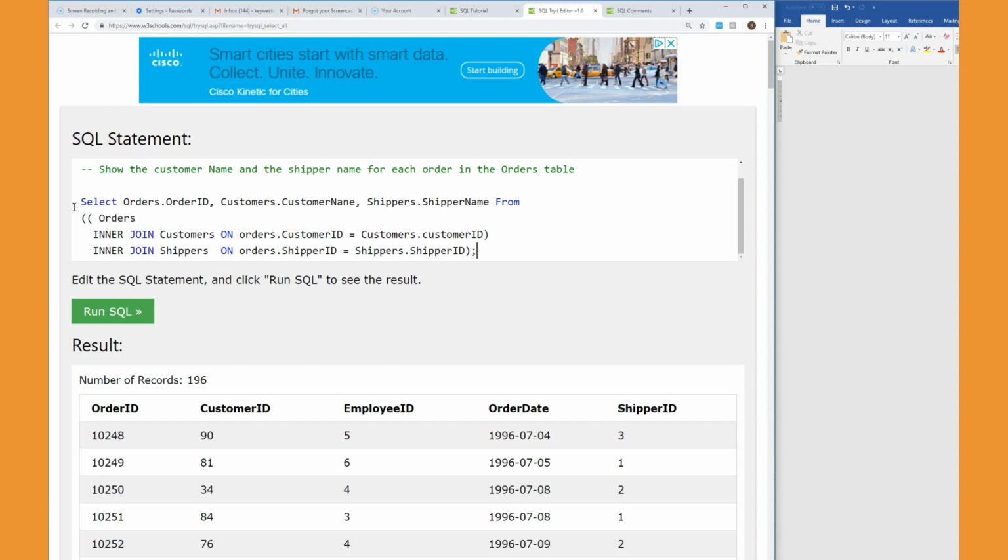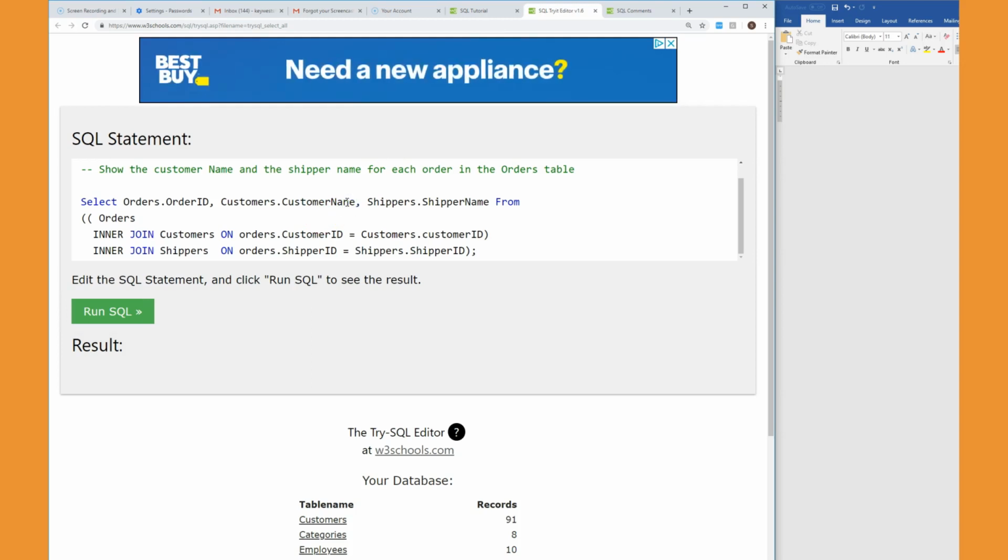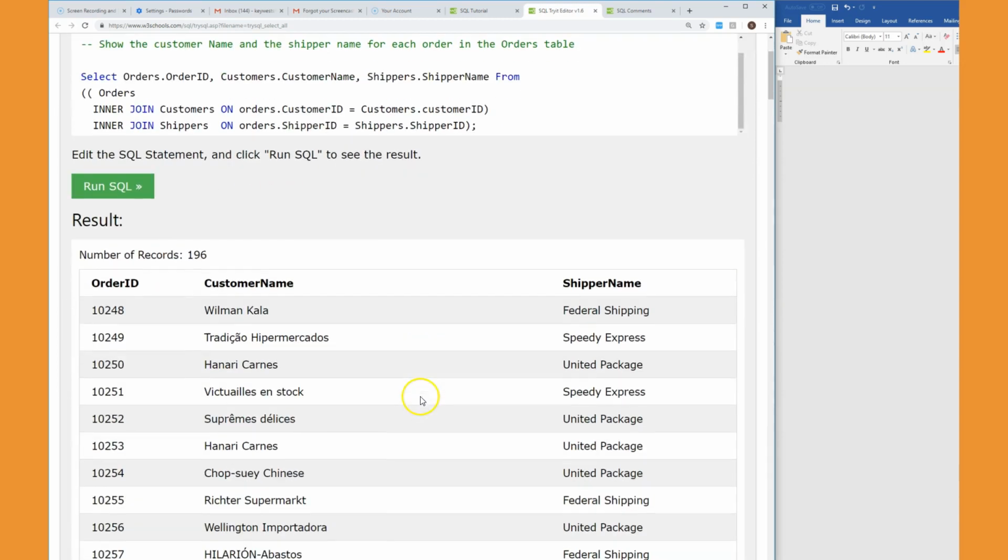I could close this, and this is really going to run if I don't misspell anything. I did misspell something here, it's customer name, and hopefully this will be my only mistake for now.